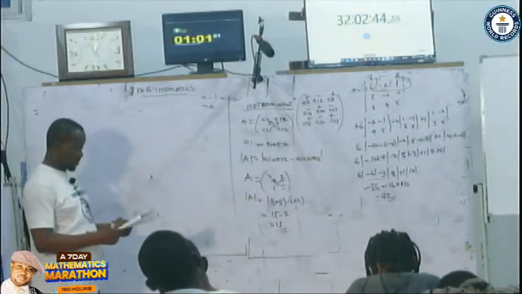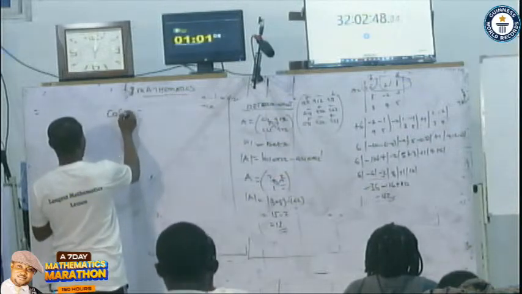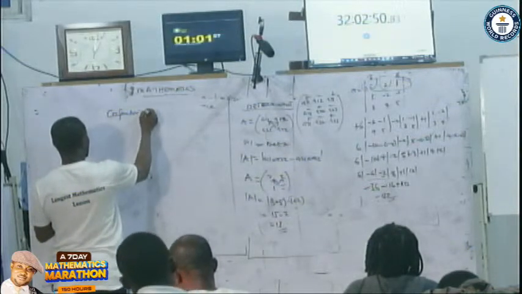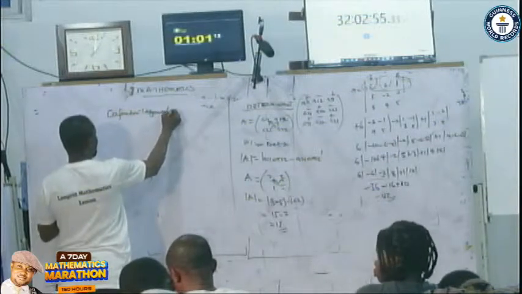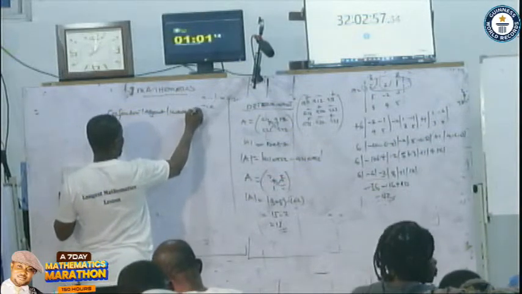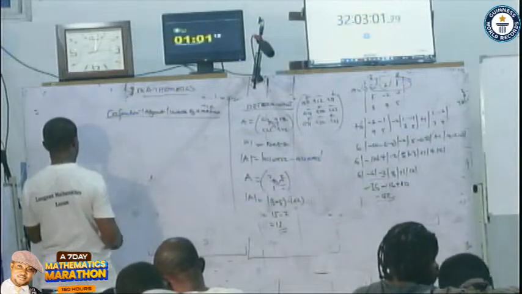Assuming you have matrix A, cofactor, adjoint and inverse of a matrix.